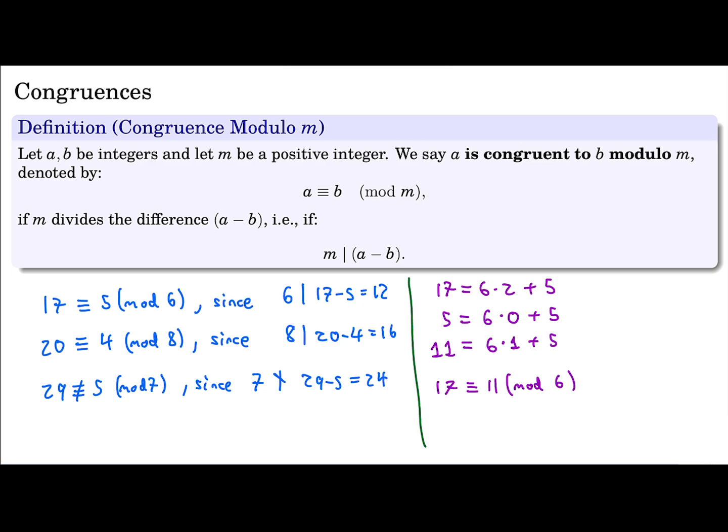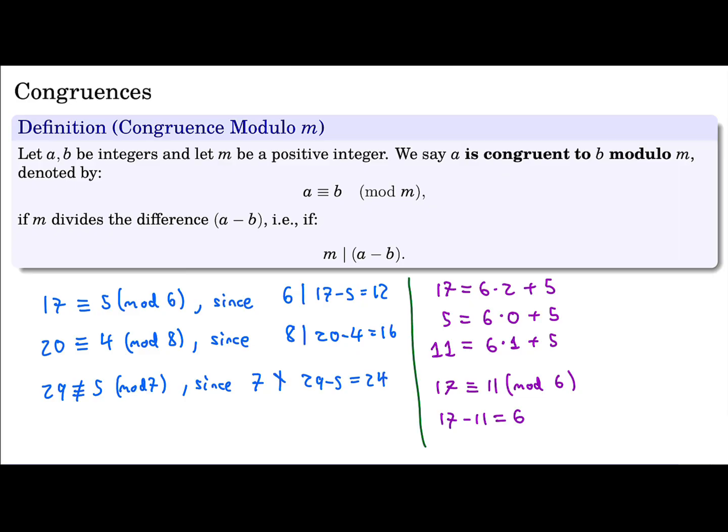And we can check that, because if we do 17 minus 11, we get 6, and of course 6 divides 6, so this is true. You can do that with any of those numbers.